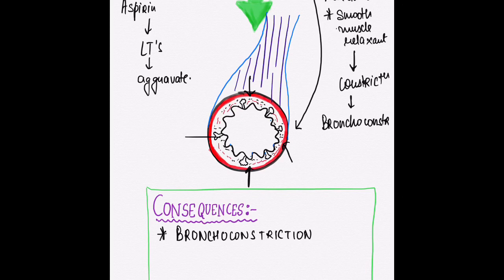Next thing that the histamine does is it causes the dilation of the capillaries of the bronchioles, and this dilation of the capillaries causes increase in the vascular permeability of the bronchial capillaries.